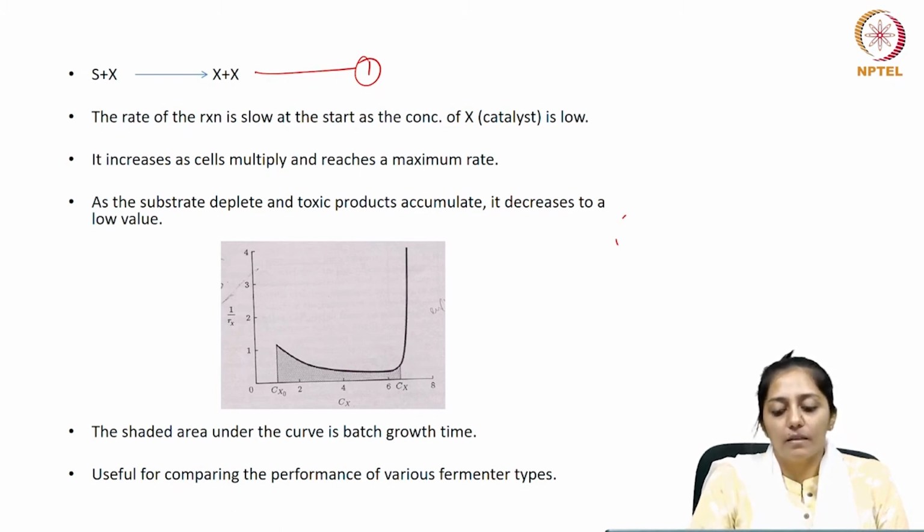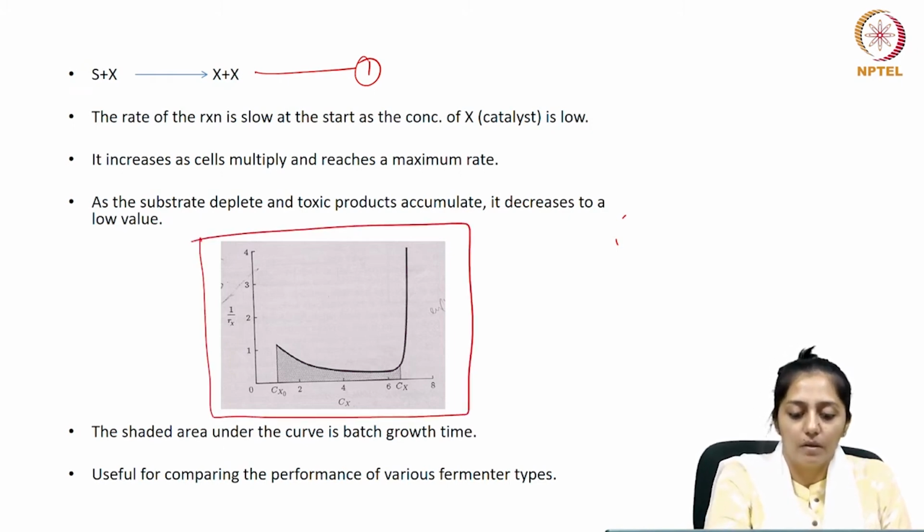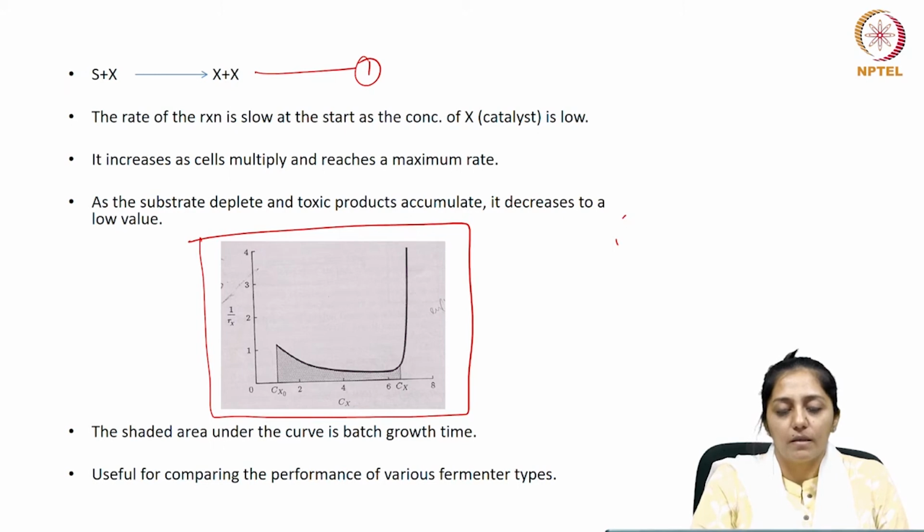If you can see the schematic shown here, it demonstrates a batch kinetics in which the initial biomass concentration, which is the concentration of your starter culture, Cx naught, is put in the medium, and at the harvest, the maximum cell concentration is Cx.